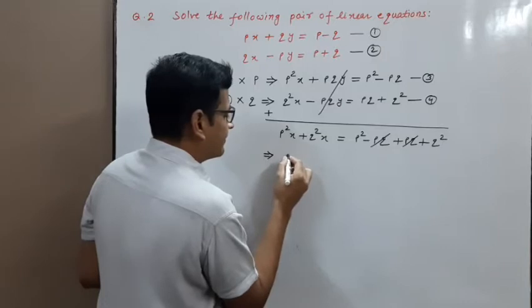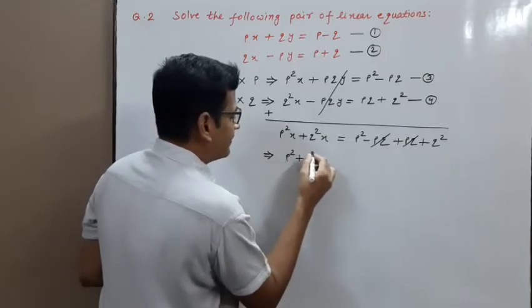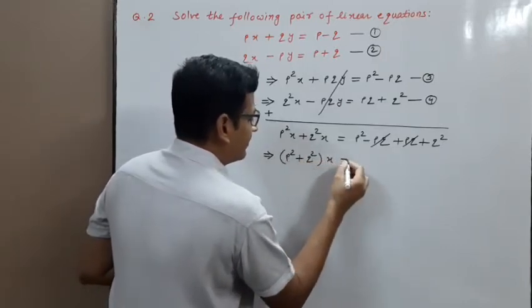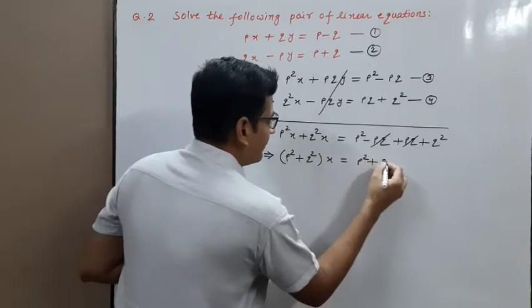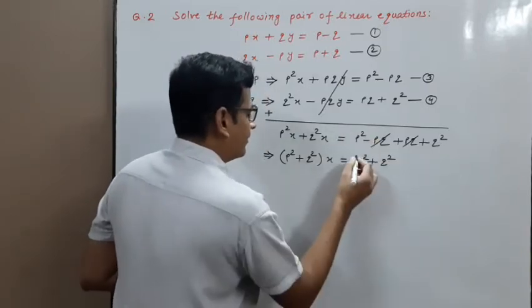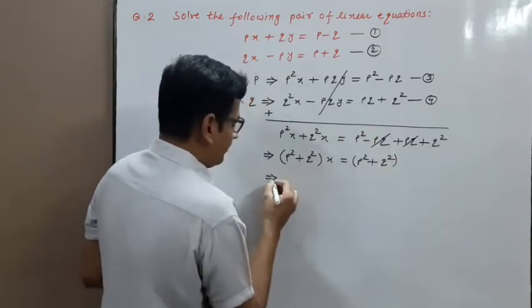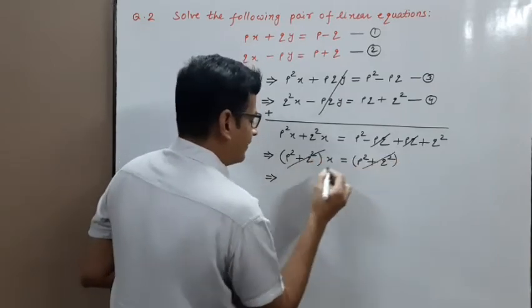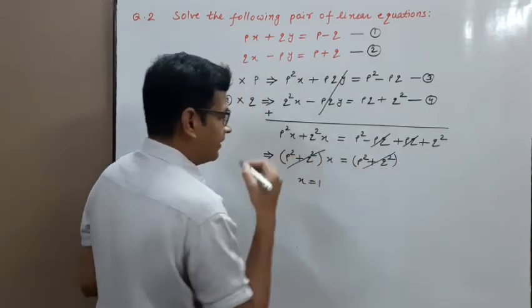What is common? x. So we get p square plus q square into x is equal to p square plus q square. p square plus q square cancel. So we get x equal to 1.